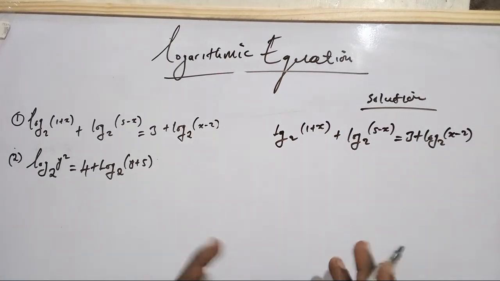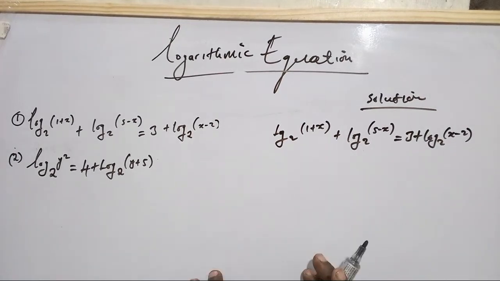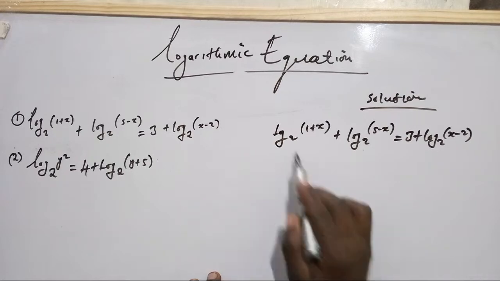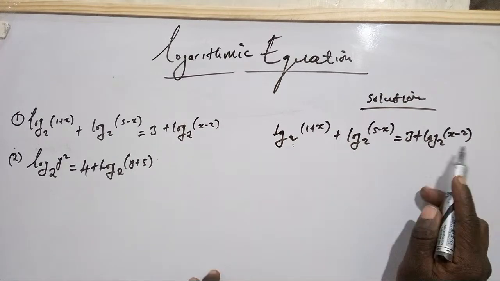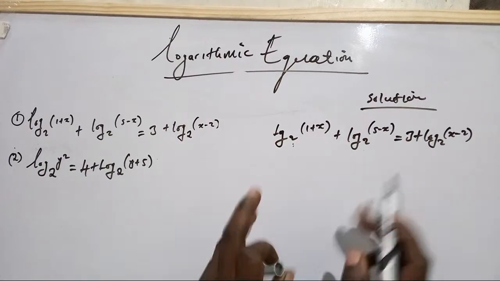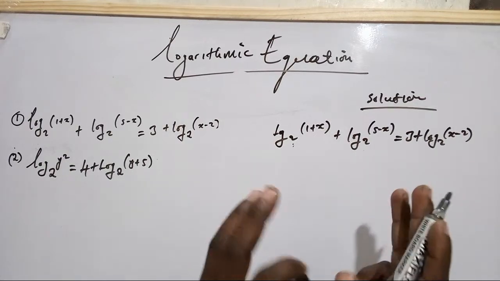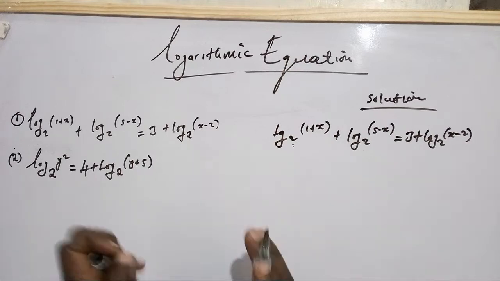The most important thing when you're dealing with a logarithmic equation is to check if you have the same base, and then you can go direct. The laws of logarithms oppose the laws of indices.